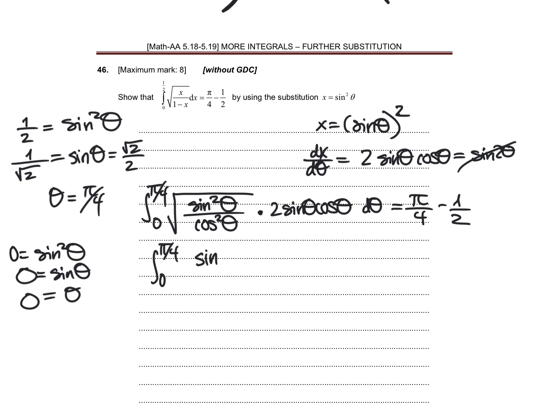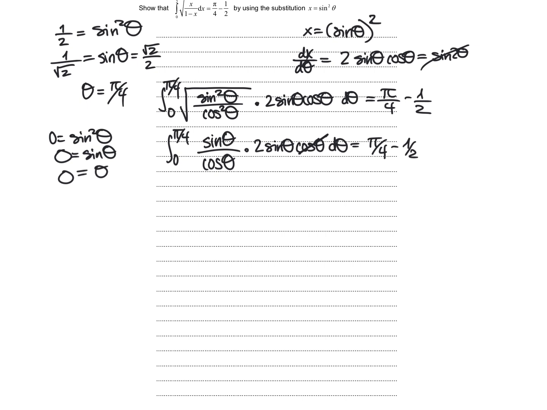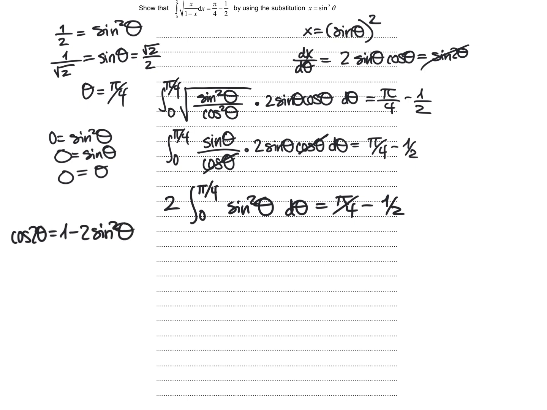This is square root of sine squared is sine, square root of cosine squared is cosine, and then we can cancel the cosines, take out the 2, and that's going to be sine squared on the inside, d theta. And then we have that cosine 2 theta is 1 minus 2 sine squared theta.